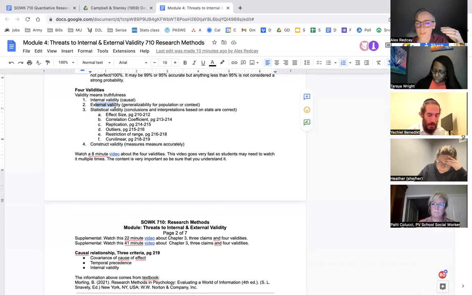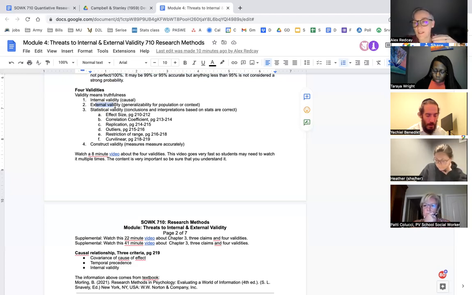I'll give you an example. CBT therapy is effective with white folks. It is less effective with Latinos. So if I do a study with white folks to say CBT was effective with these white folks, it is not generalizable to other races because I only studied white folks.